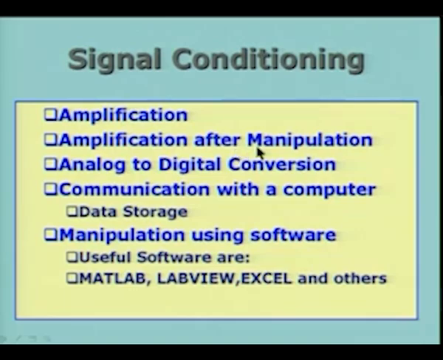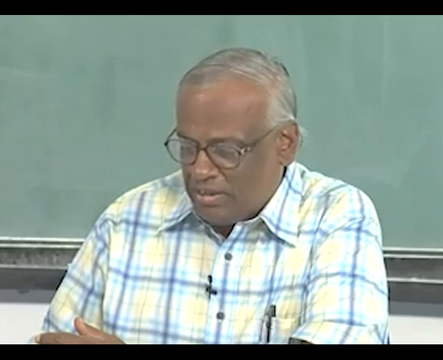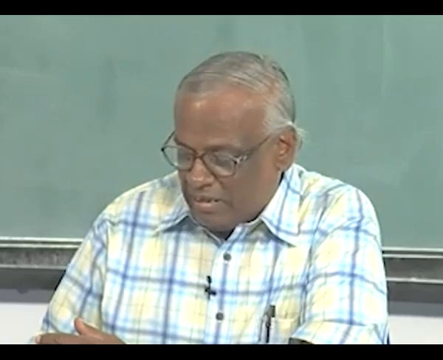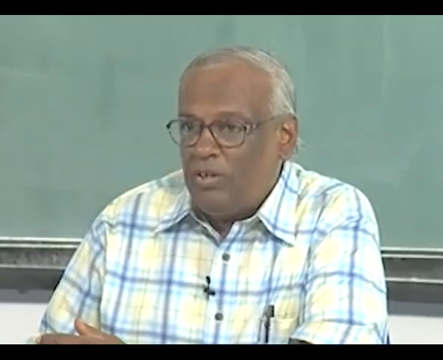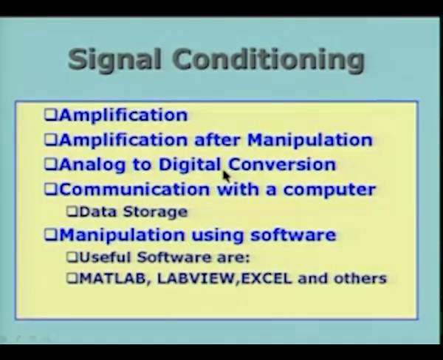For example, we may subtract some particular factor out and then amplify it. Invariably, in modern practice we have a conversion of analog signal to digital signal, because most computers and most display units nowadays use a digital form of signal.